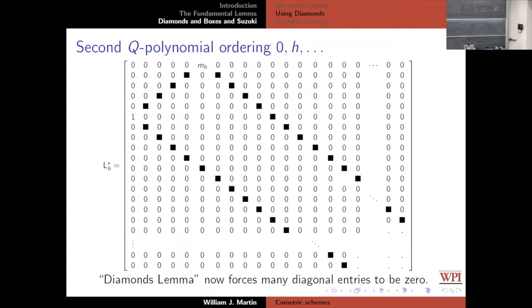So 5 is already adjacent to 10, and 10 is already adjacent to 15, and it gets bogged down when you get out towards the end, right? But you know that 1 is adjacent to 4, and 4 is adjacent to 9, and 9 is adjacent to 14. So you can decide a whole bunch of these things.